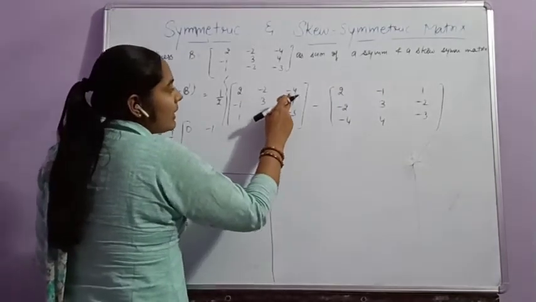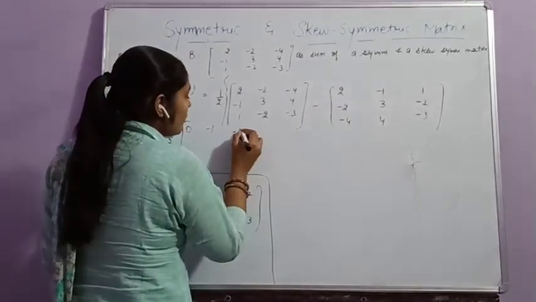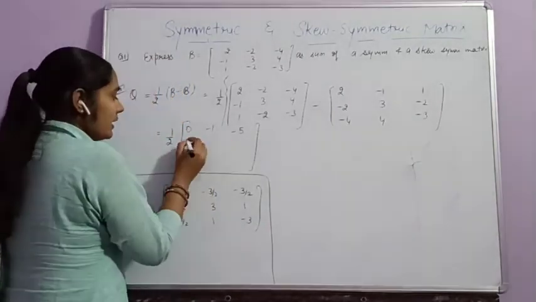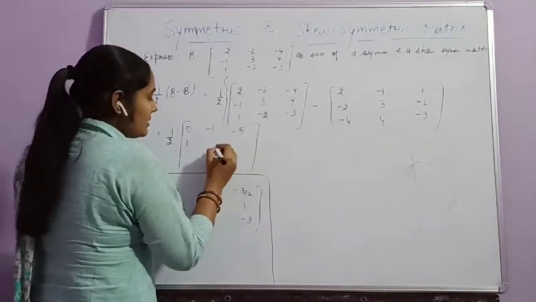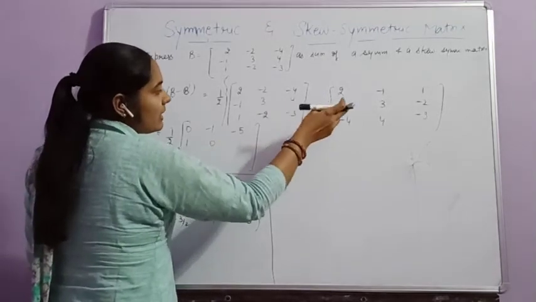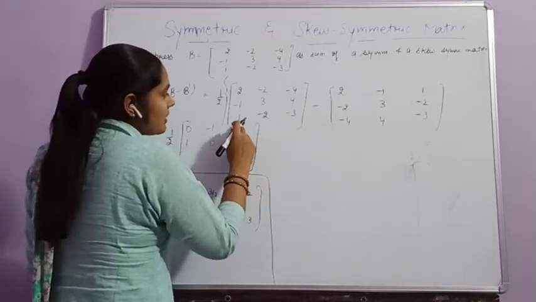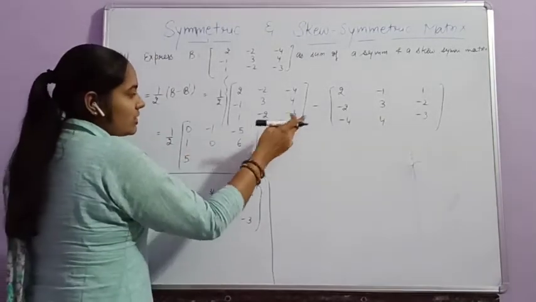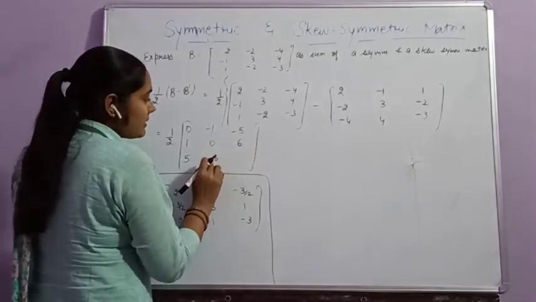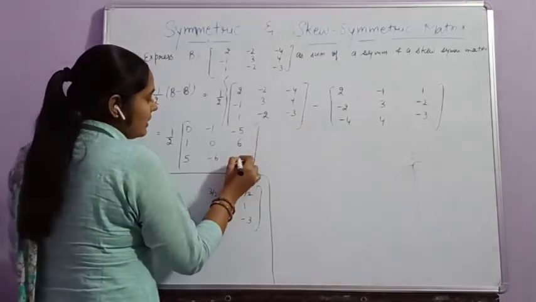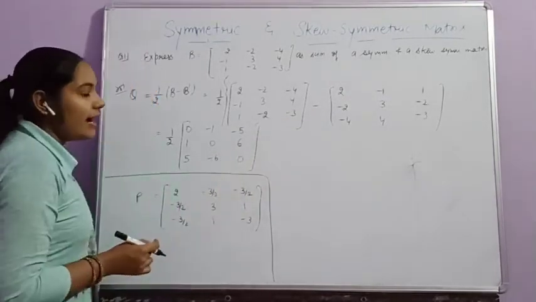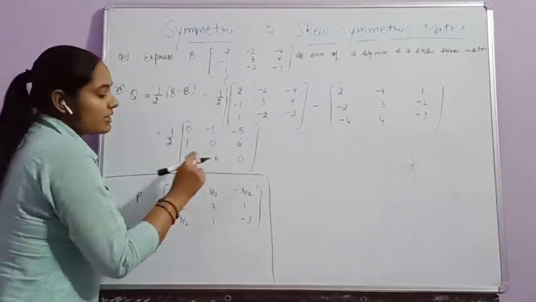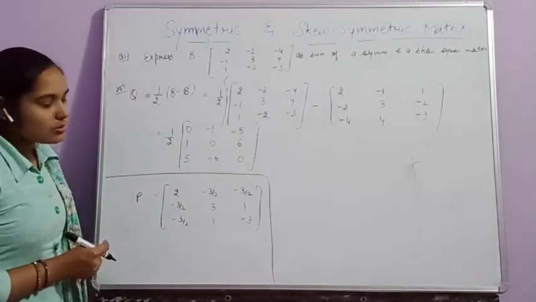Minus 1, minus 4 minus 1, that is equal to minus 5. Minus 1, minus minus plus 2, that is equal to 1. 3 minus 3, 0. 4 minus of minus 2, 4 plus 2, 6. 1 minus, minus 4 plus will become 5, minus 2, minus 4, minus 6, minus 3, plus 3, 0. Here we can see that diagonal elements of a skew symmetric matrix is always equal to 0.